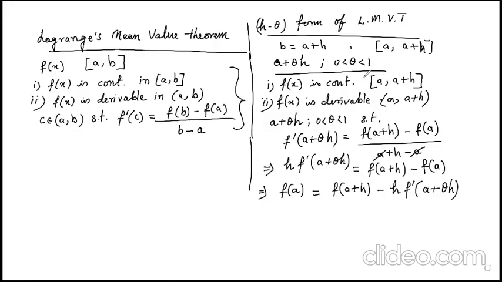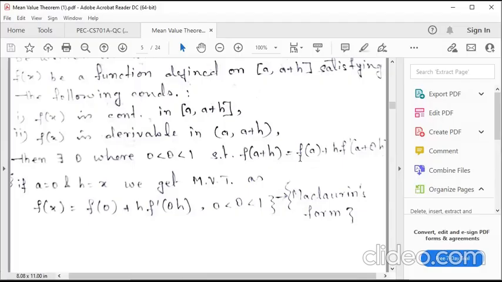Yes, ma'am. Okay, now look at the form that I have given you as h theta form. Instead of f of a, I have taken it as f of a plus h. So f of a plus h equals f of a plus h f dash a plus theta h. So we can write it in this form also.